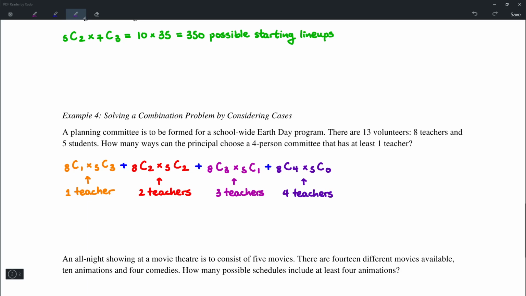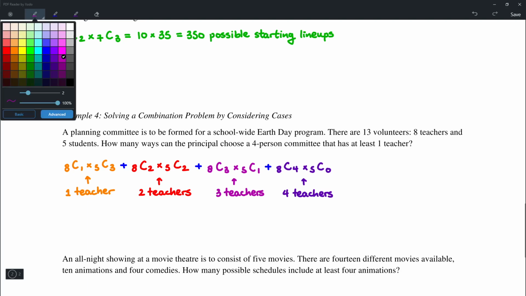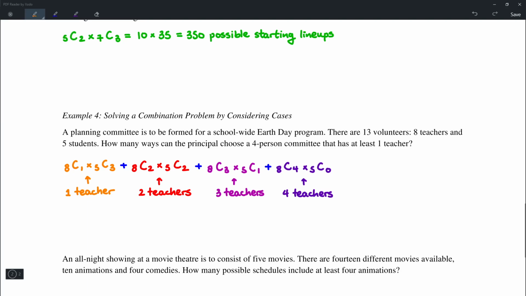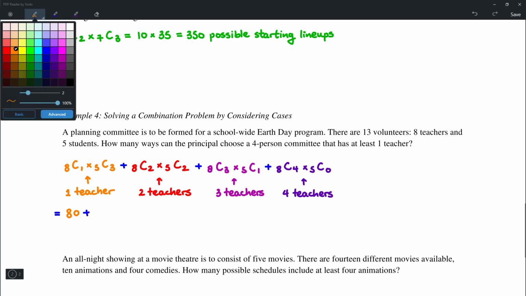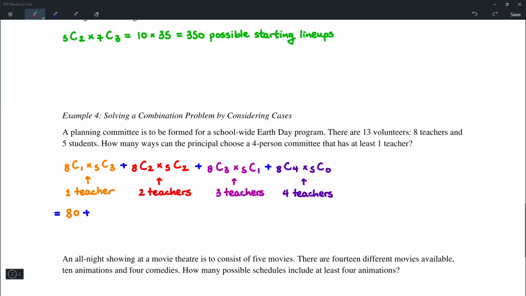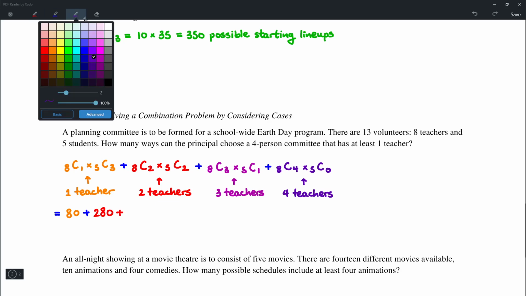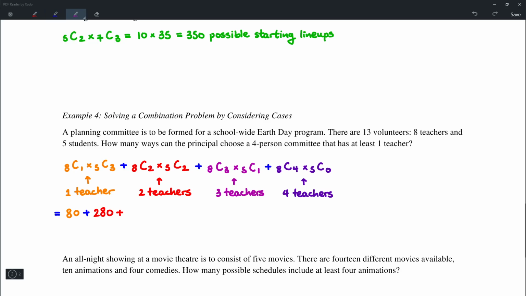Once all 4 of these cases are listed, we can evaluate each one individually. So 8 choose 1 times 5 choose 3 is 80. Followed by 8 choose 2 times 5 choose 2, which is 280. From there, 8 choose 3 times 5 choose 1 is actually 280 as well.